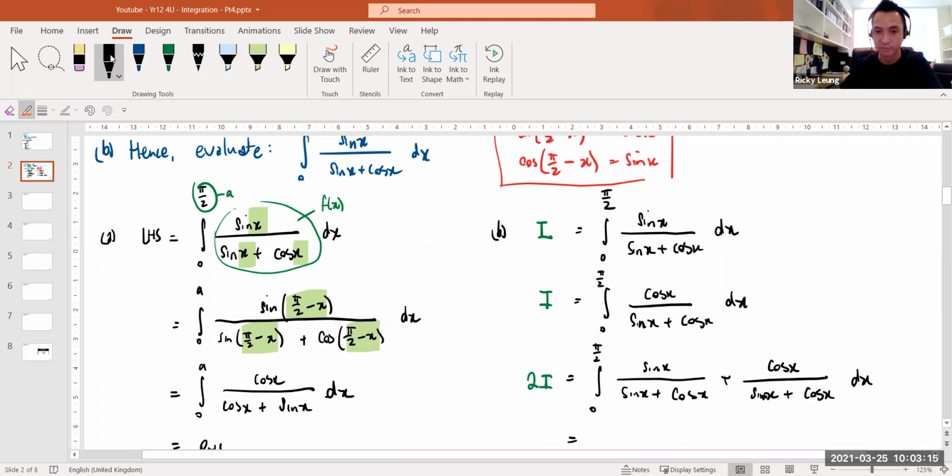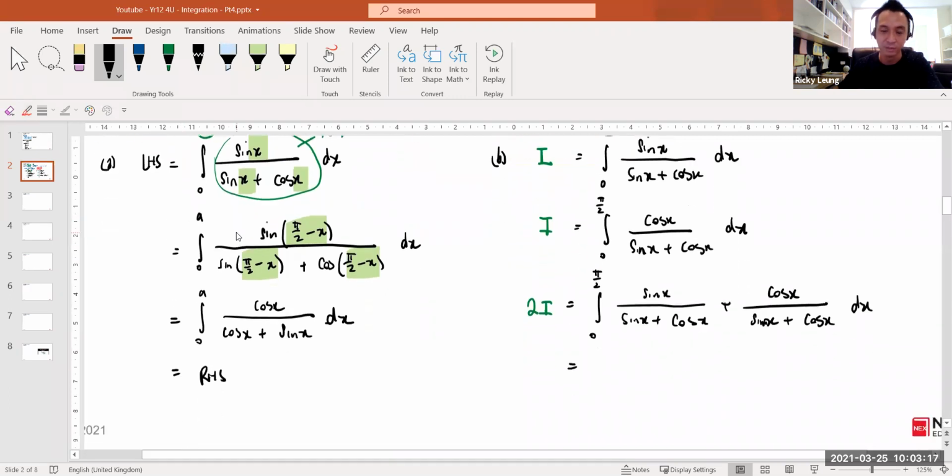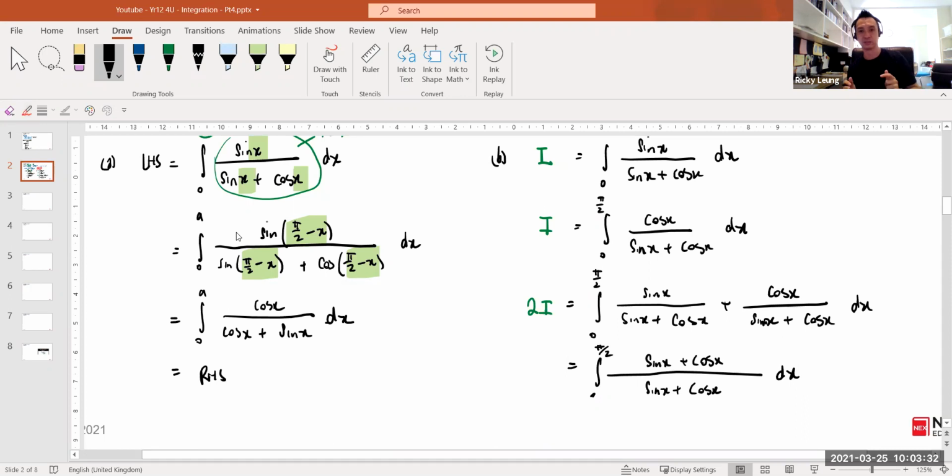Guys, they've got the same denominator as well, top and bottom, so you've got the integral, common denominator of sine x plus cos x, sine x plus cos x. So I couldn't integrate them individually, but together, sine x plus cos x on sine x plus cos x, that's 1.